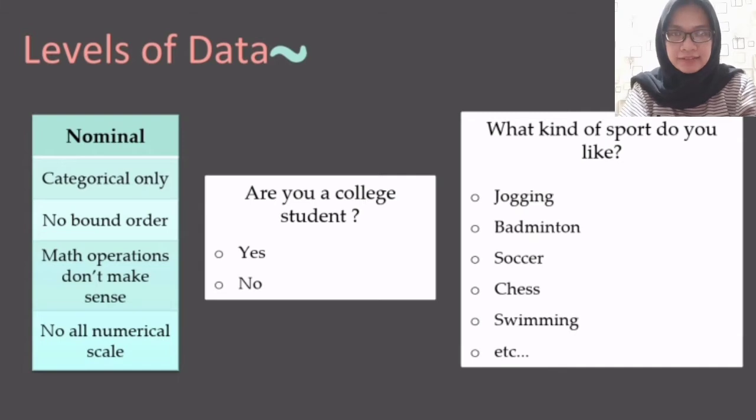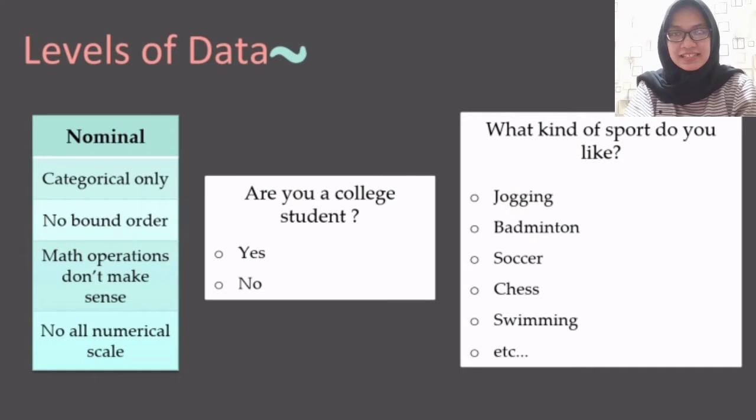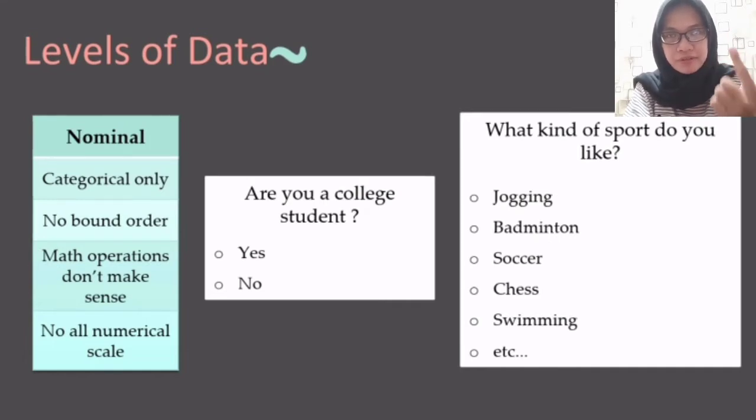Levels of data. There are 4 levels or scales of data: nominal, ordinal, interval, and ratio. First is nominal data. The characteristics of nominal data are categorical only, no bound order, math operations don't make sense, and the last, not a numerical scale.